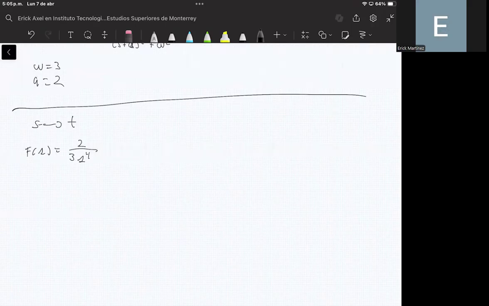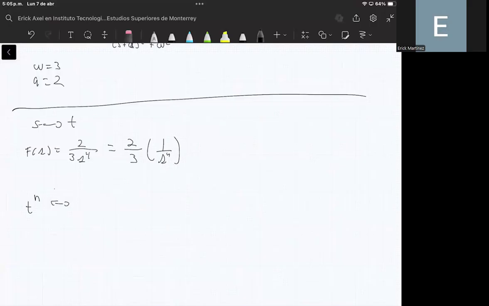So what I recommend is that what we can always do is to factor the constants. Here we have a constant at the top that is 2, and also a 3 at the bottom, times 1 over s squared. If you look very closely at this term, you can see that it looks very similar to the Laplace transform of a function elevated to the n power.